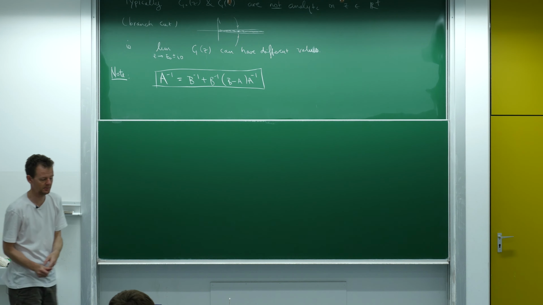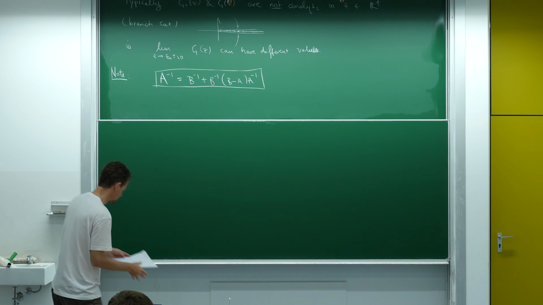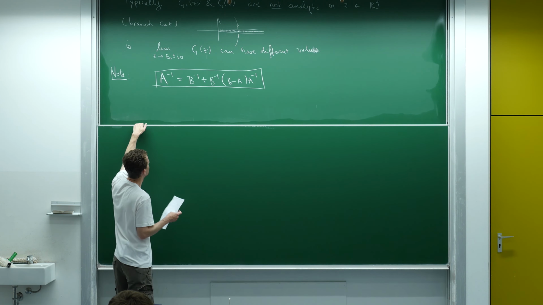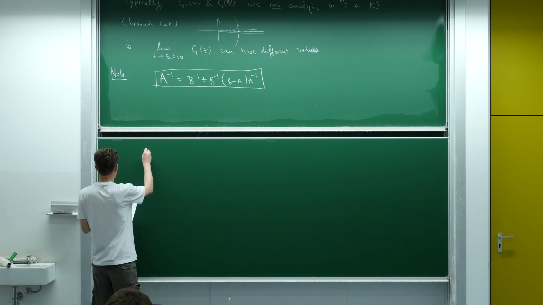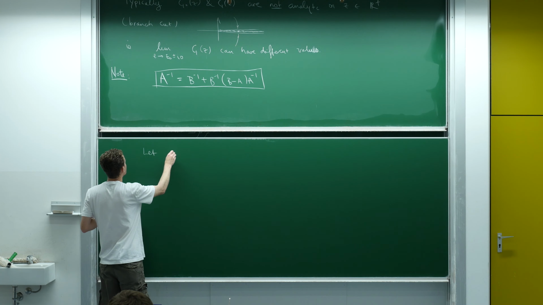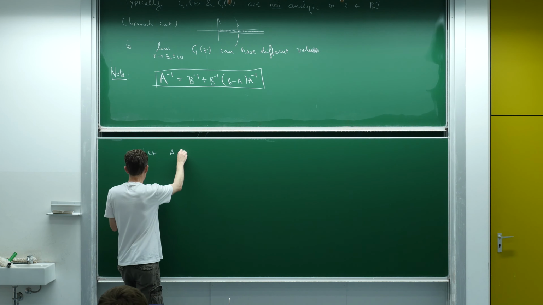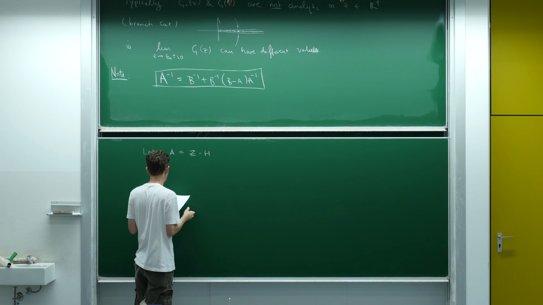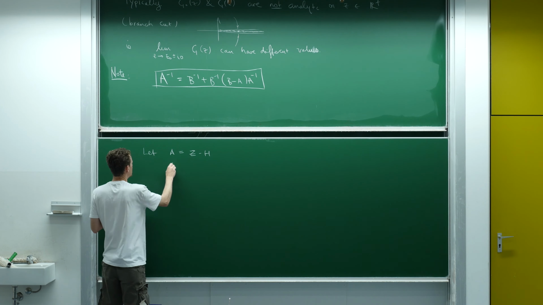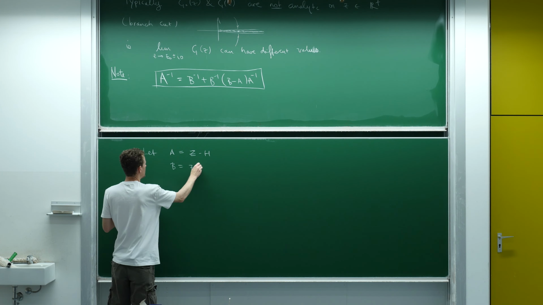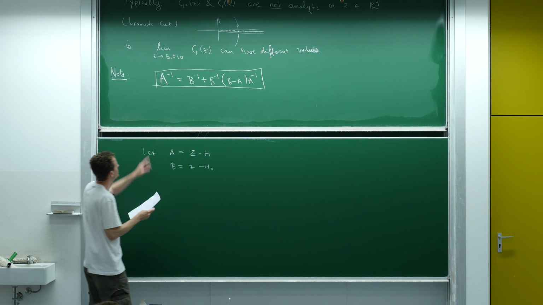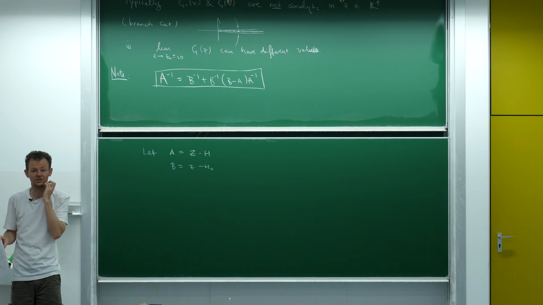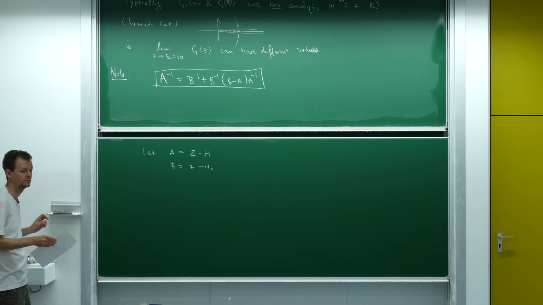Okay, let's see what this baby can do. So, actually I lied, right? So let A equal Z minus H. No, I was right. It was G. Yeah. And B equals Z minus H naught. Okay, so now you can see that A inverse is G and B inverse is G naught.